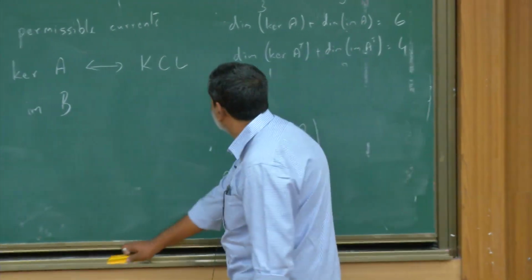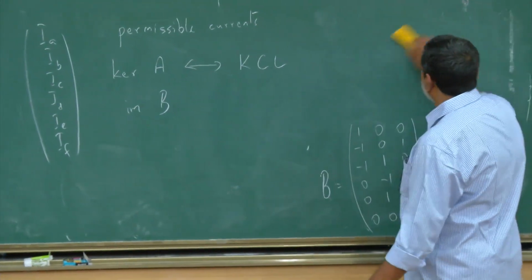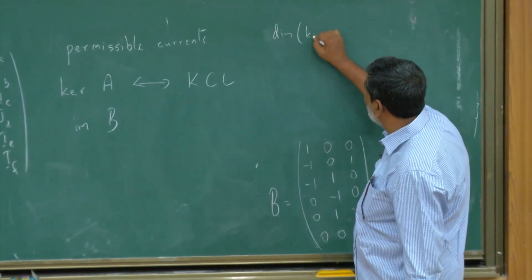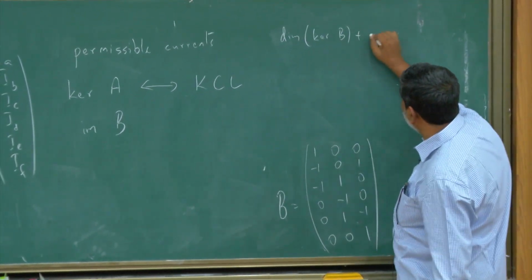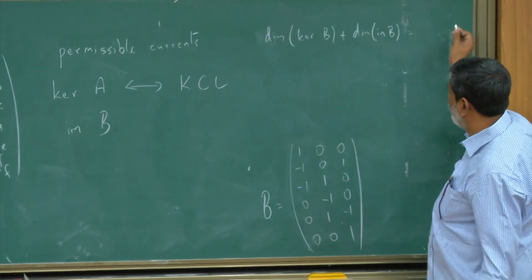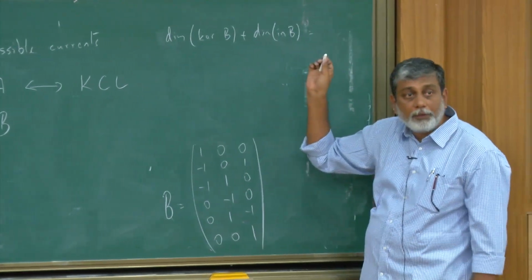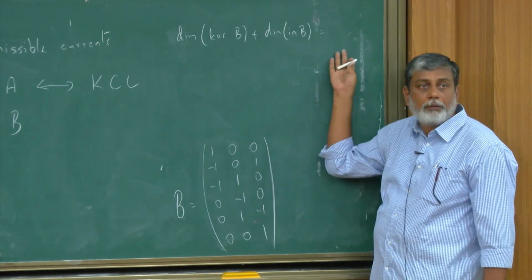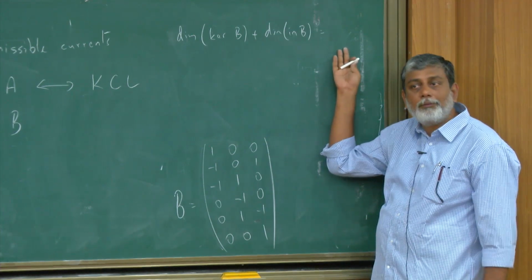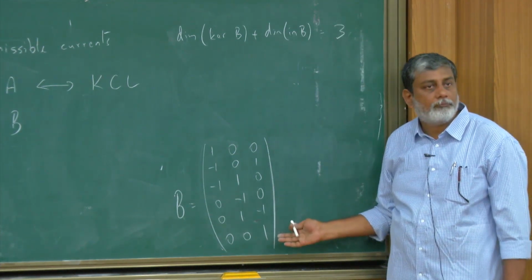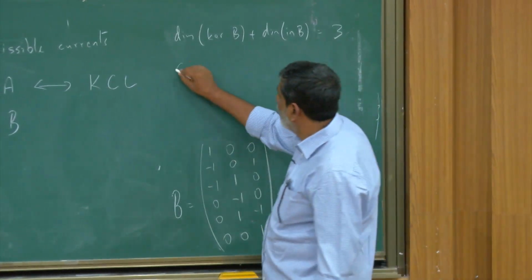So let's start writing out something here. Dimension of kernel of B is 0, dimension of image of B is 3.